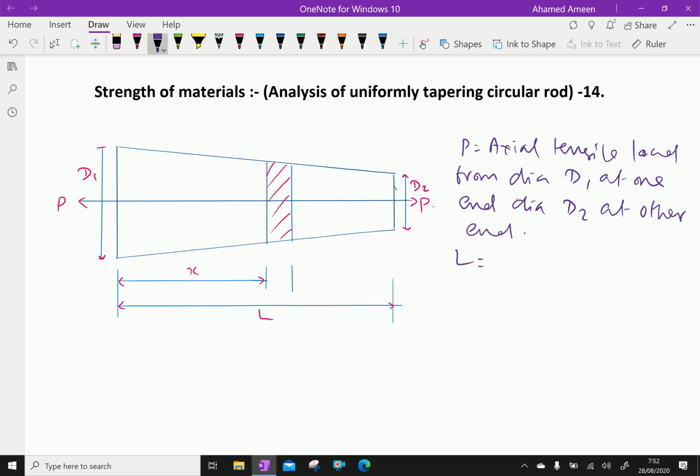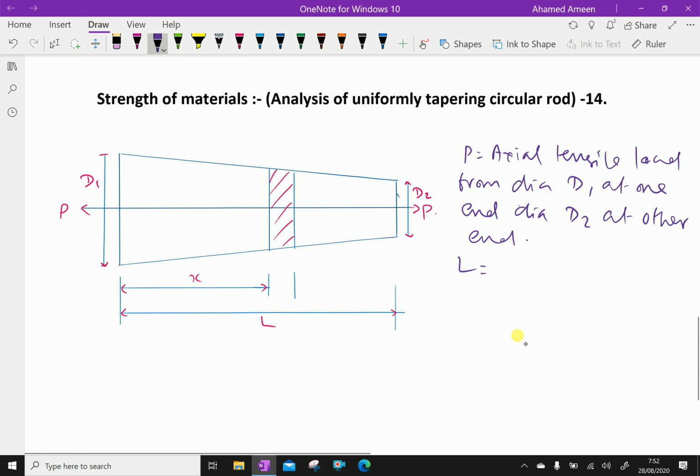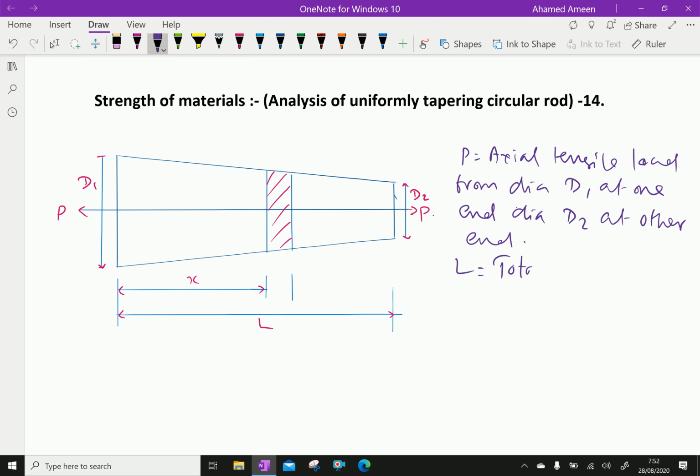L is the total length of the bar, and E is Young's modulus.